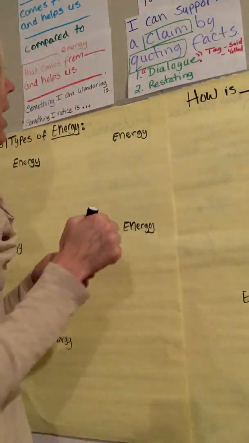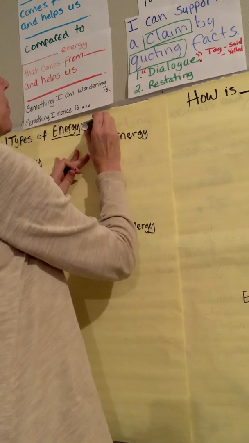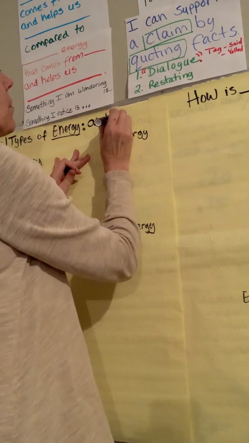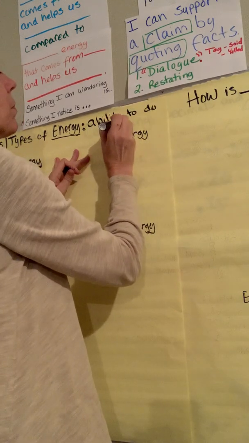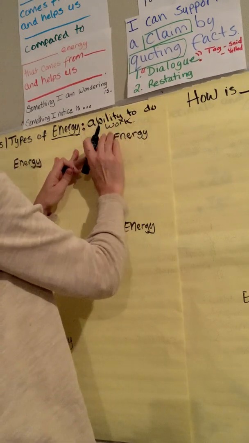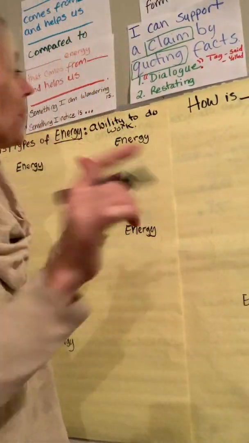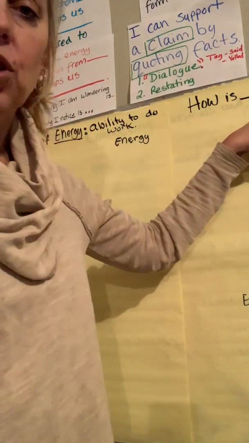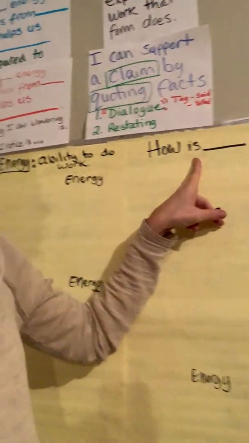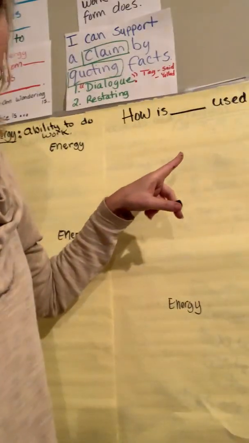Energy, we're going to define energy as the ability to do work. Thank you very much. You all have a lot of energy. You're all ready to do a lot of work today, right? We're also studying this very big question, not just about science, but in our life. How is energy used and stored?